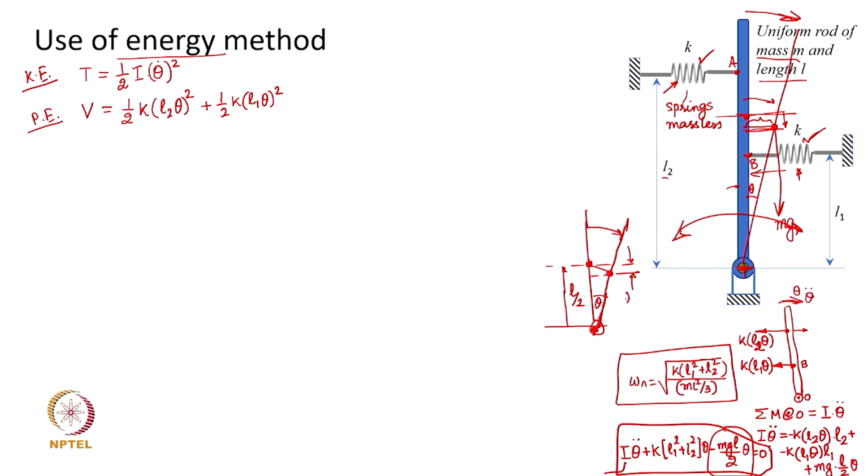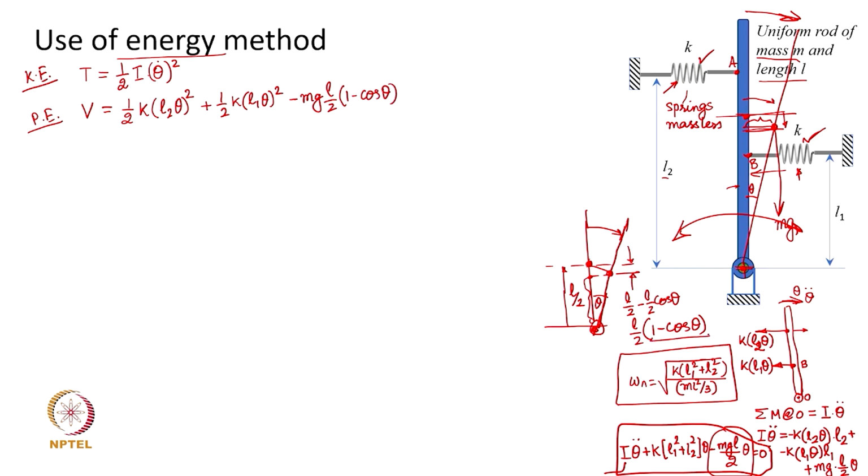This distance is going to be L by 2 cos theta, and the drop in the position is going to be L by 2 minus L by 2 cos theta, that is, L by 2 into 1 minus cos theta. So, the change in potential energy is minus mg L by 2 into 1 minus cos theta.